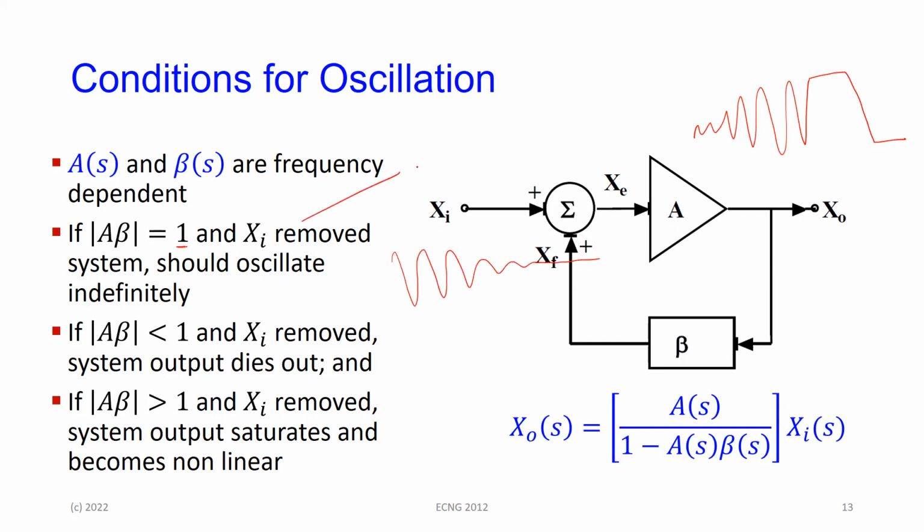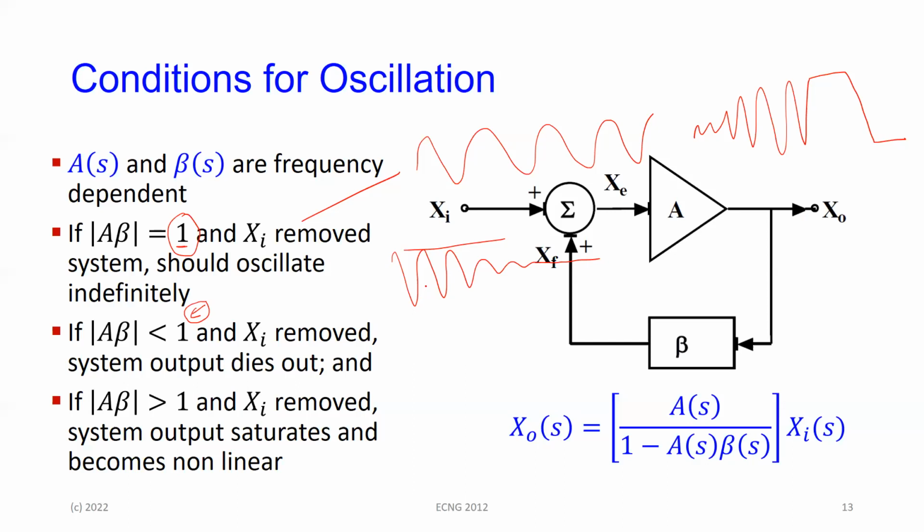What you want is that it stays and keeps going. All right? In practice, this is usually what happens. You start with this, and because of circuit changes and so on, it tends to drop a little bit, and the output will tend to die out.